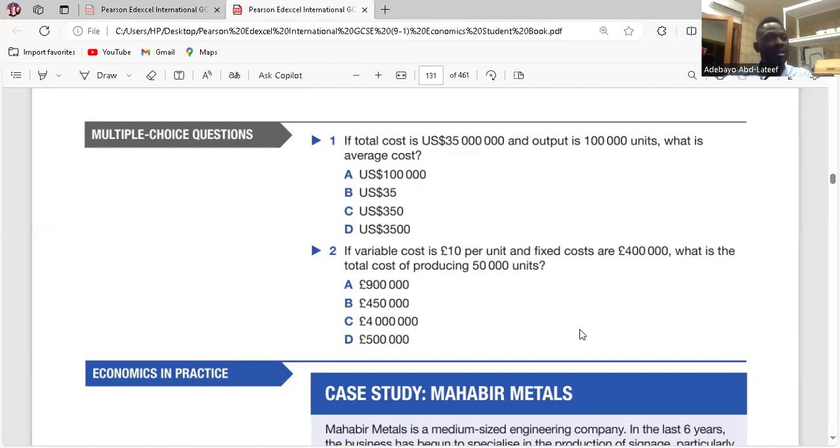So do it manually. We have 35 million divided by 100,000. This 1,000 cancels this 1,000, this 0 cancels this 0. We have 350. We have $350.